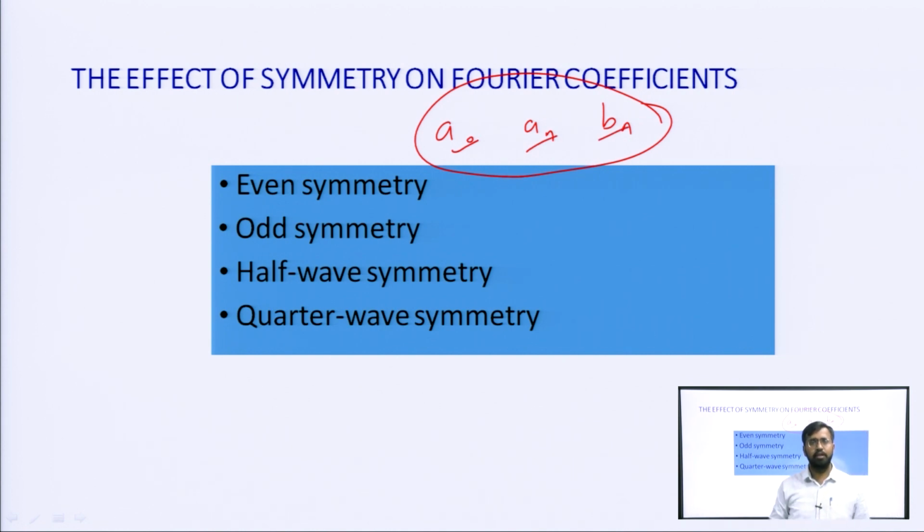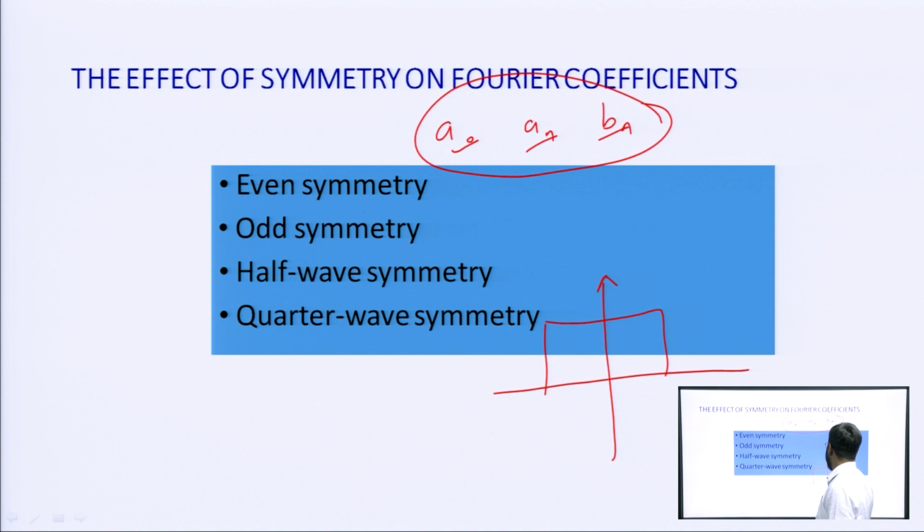It is basically symmetricity. In this function you will find 4 different types of symmetricity. We already know even and odd symmetry, because in signals we have seen odd and even symmetry. What is even symmetry? Any signal or function which is symmetric around the y axis is called even symmetric.